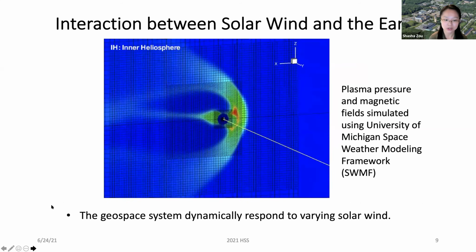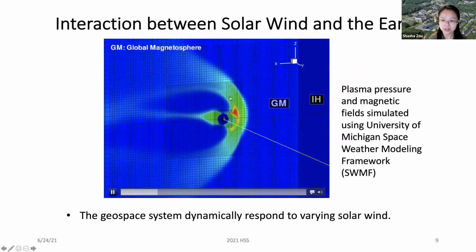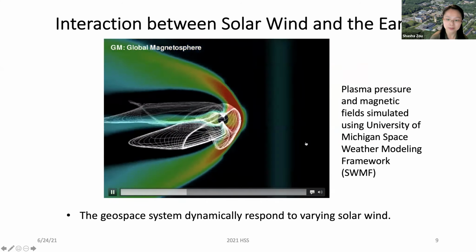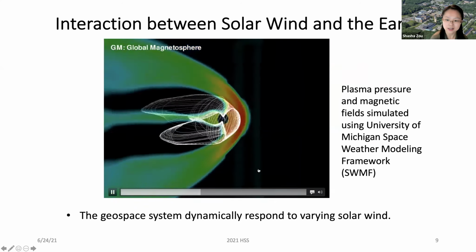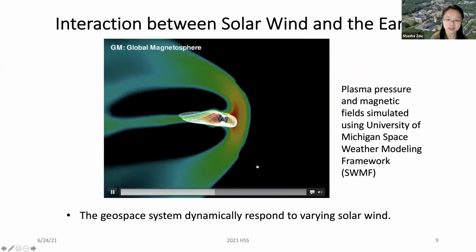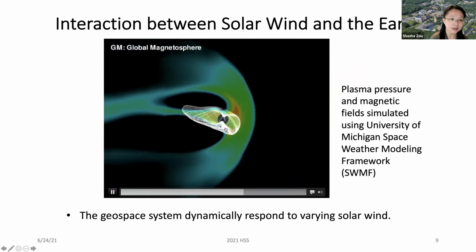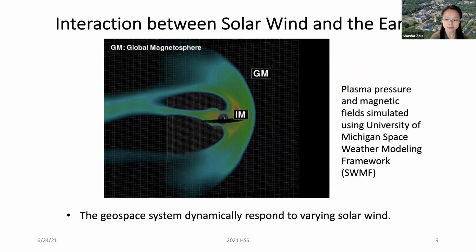Very quickly, let me show you a simulation. This is our Earth, this is our magnetosphere, and we have our solar wind coming down from the sun. You can see here there are some density fluctuations, and they interact with the magnetic field and generate a very dynamic magnetosphere.